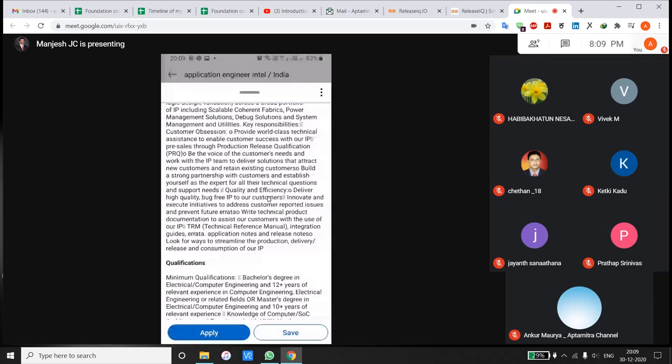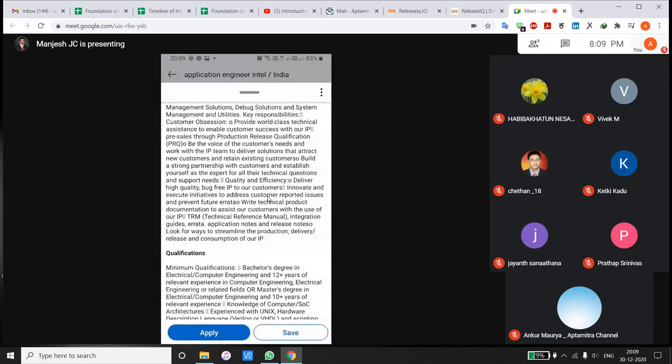I happen to have been an application engineer for most of my life with Intel, and I got multiple opportunities to travel widely. Because of the application engineering role, I was able to travel to the US region, Israel, Korea, China, Japan, Taiwan.